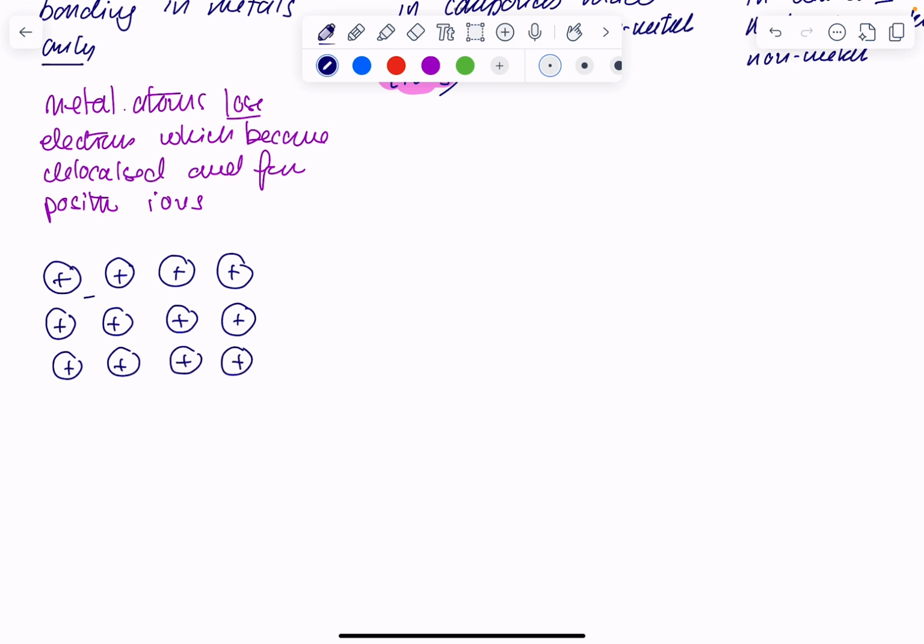Those electrons are delocalized in between the positive metal ions.